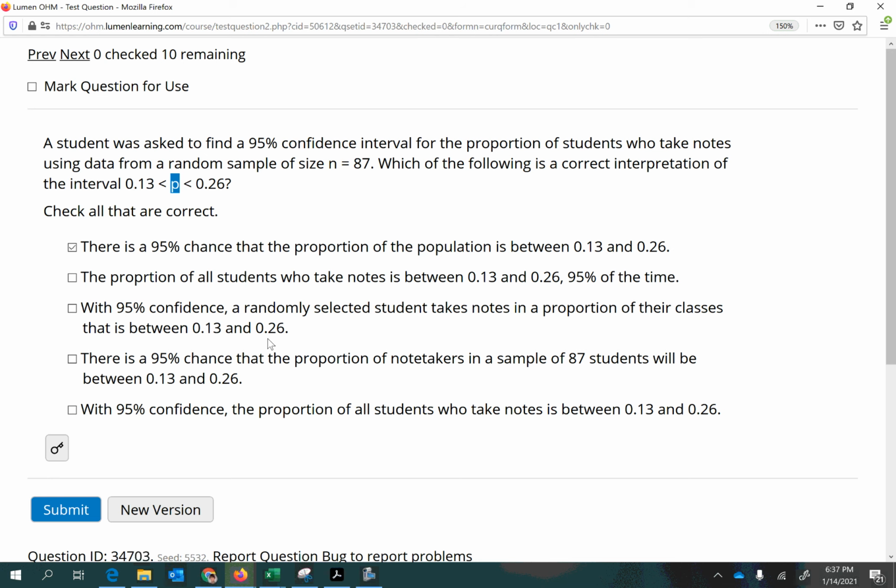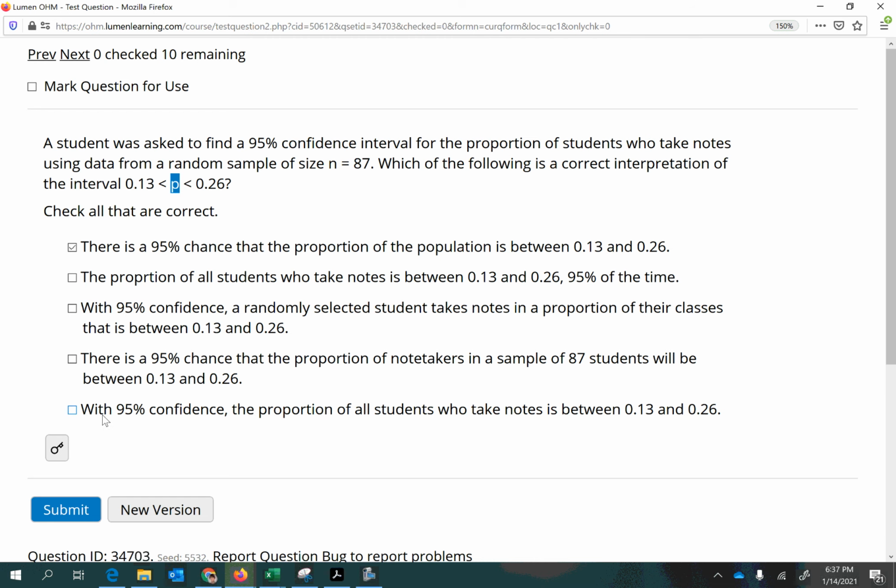Whatever the population has been identified as, we mean all of them. We use sample statistics to make the estimation, but the estimation is for the population value. So that one's no good.